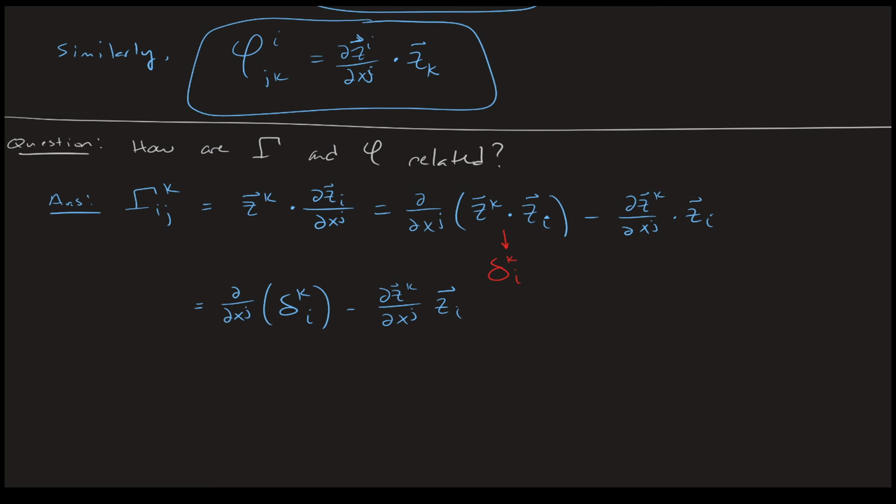Okay. Well, delta ki is either 1 or 0, which means the derivative is going to be 0, because those are all constants, either 1s or 0s, minus, and now that is phi k j i.